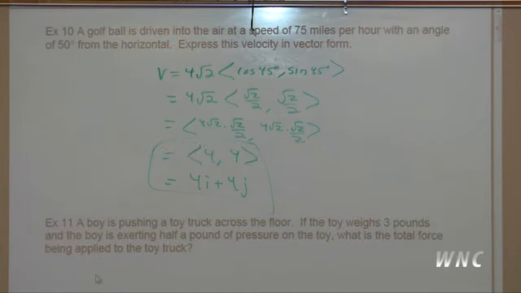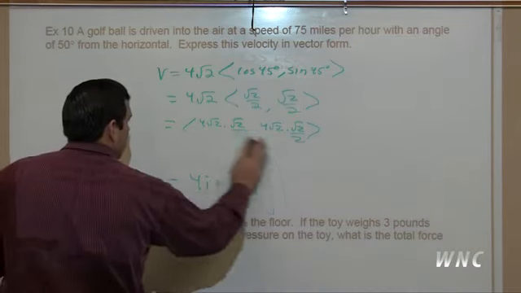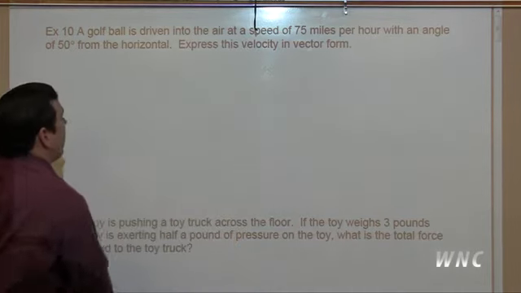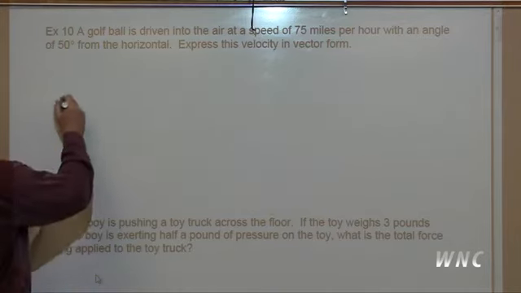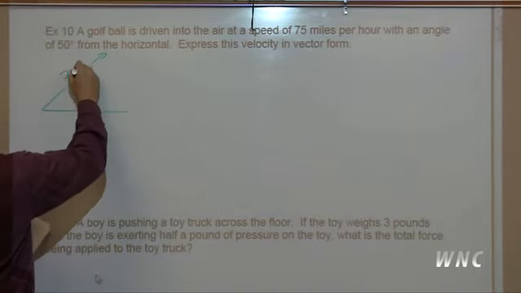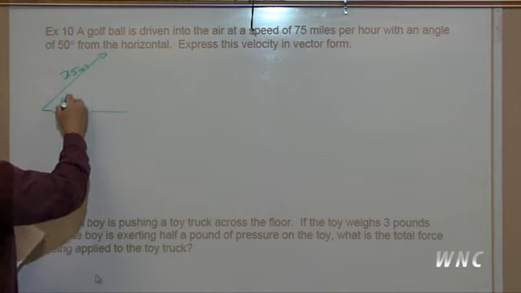Now if you take physics, you're going to be getting to do some more vectors. A golf ball is driven into the air at a speed of 75 miles per hour with an angle of 50 degrees from the horizontal. Express this velocity in vector form. So we have 75 miles per hour, and this is 50 degrees.